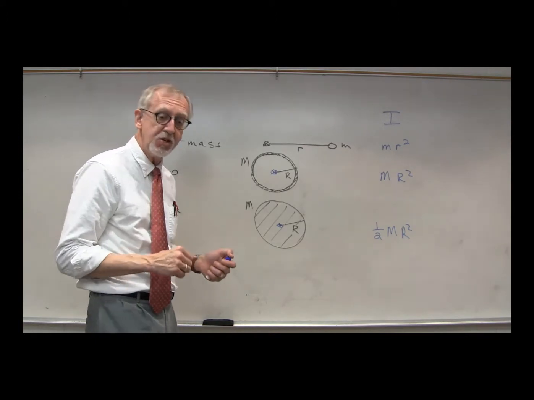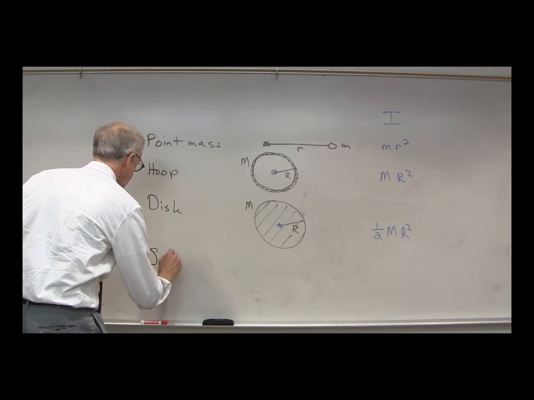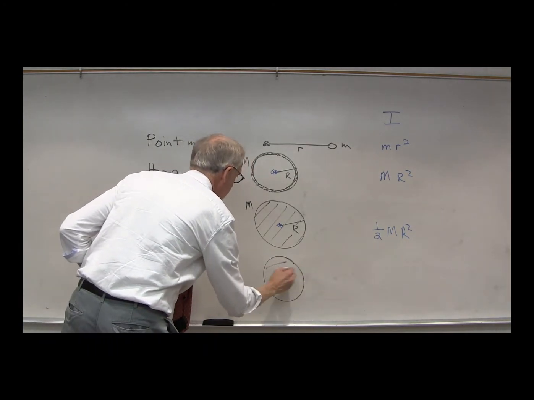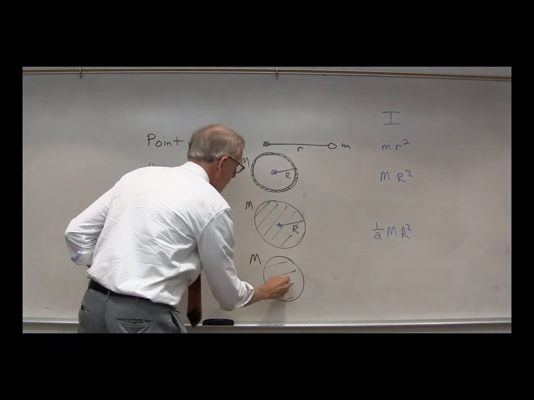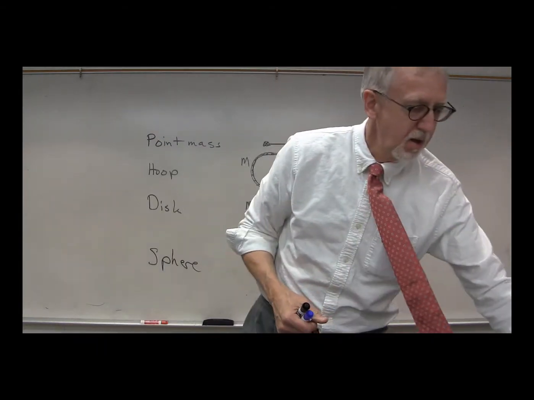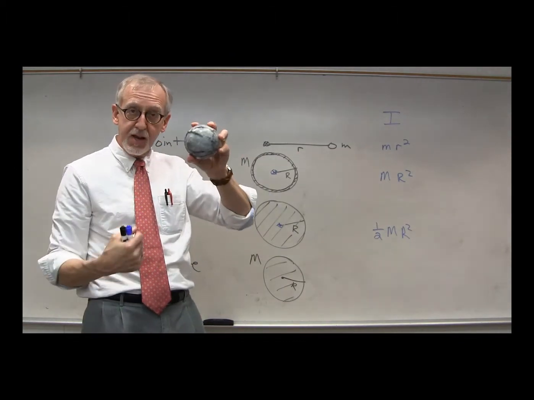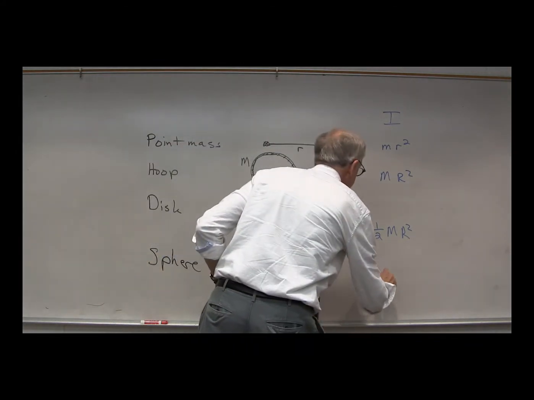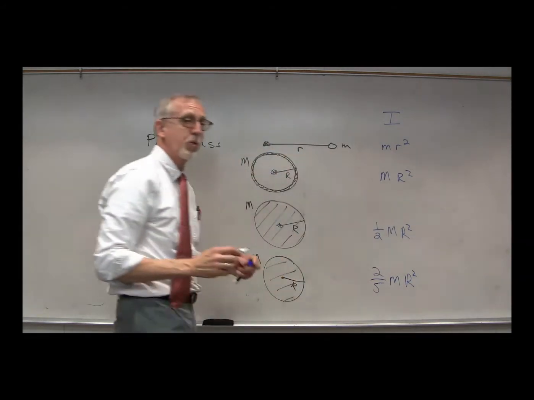One more, let me just mention, and that would be for a sphere. For a solid sphere of mass m and radius r, like this ball here, through any axis that passes through the center, the moment of inertia is actually 2/5 mr squared.